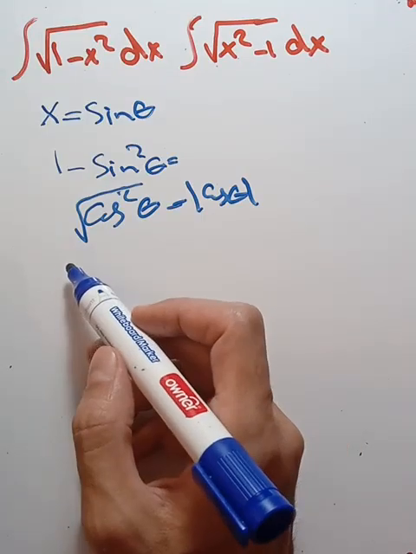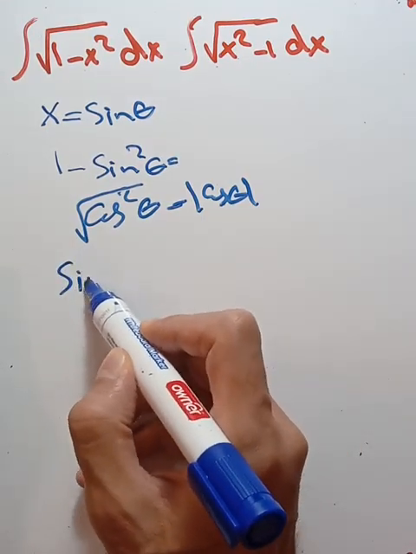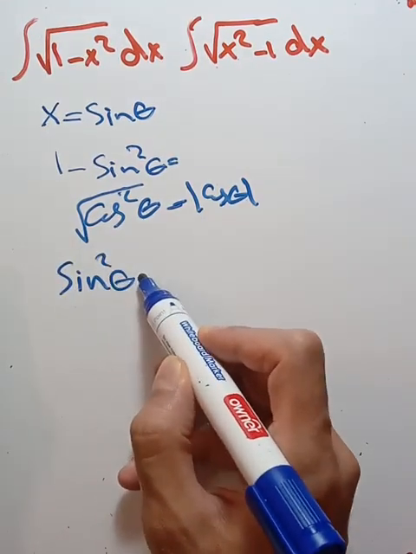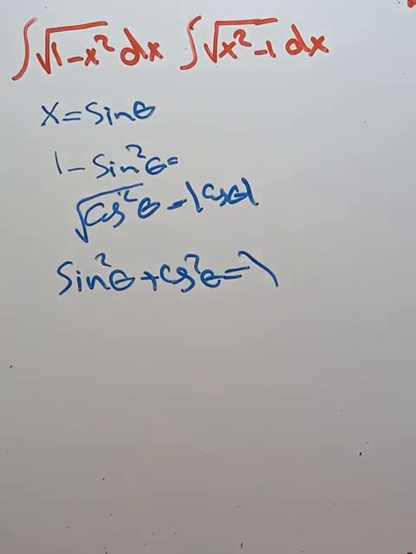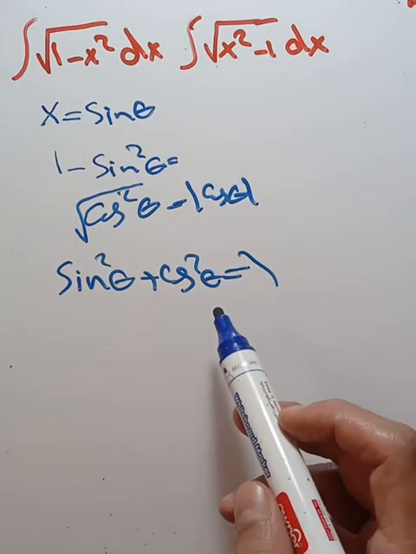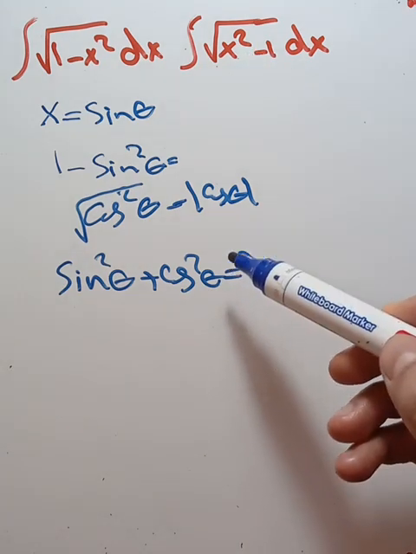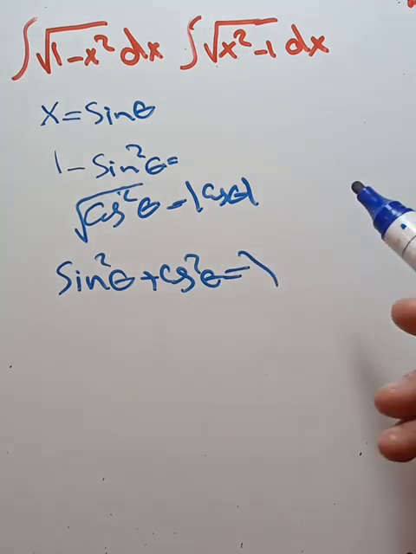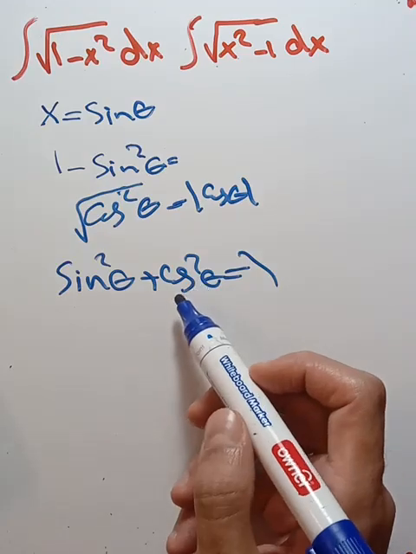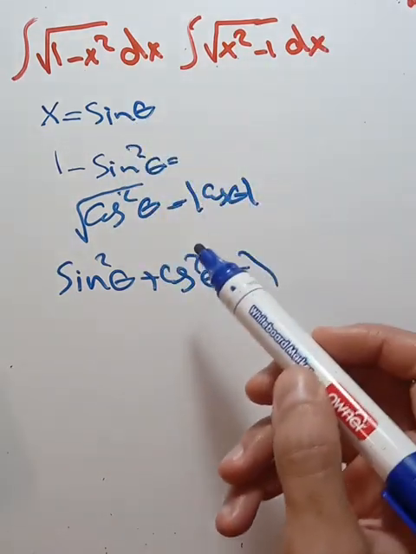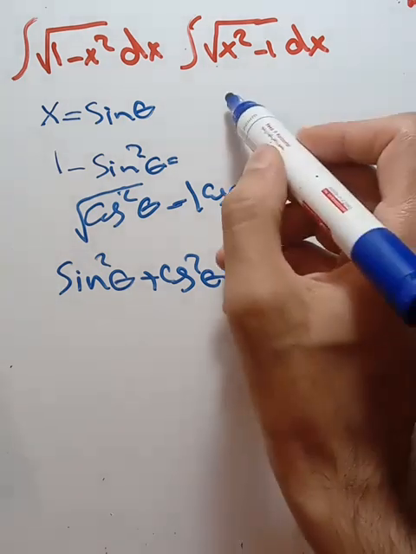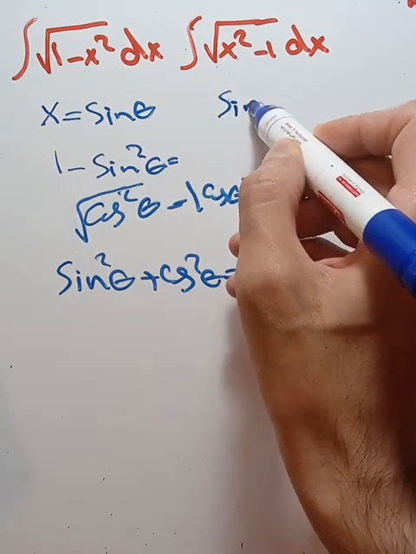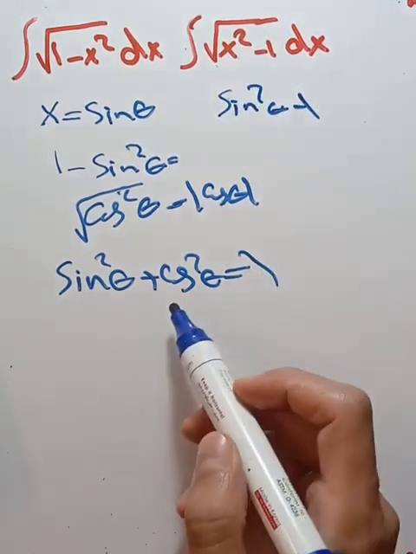Here, the formula is this: sine squared theta plus cosine squared theta equals 1. But if you take x to be equal to sine or cosine, for instance, like here, let's take x to be equal to sine, then this would be sine squared theta minus 1.